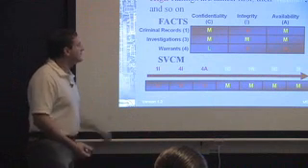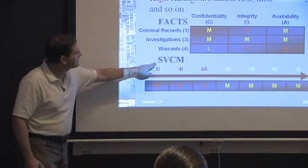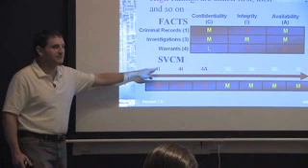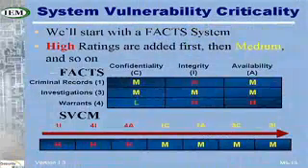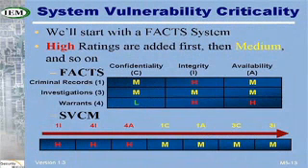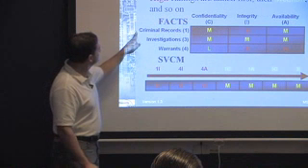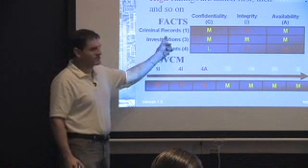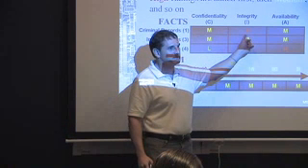Now what we're going to do is build the top line of our fax SVCM, System Vulnerability Criticality Matrix. So we're going to build that top line. This is really easy because you've got the System Criticality Matrix for fax already. All you do is start out with the first information type and go across until you hit your first high.